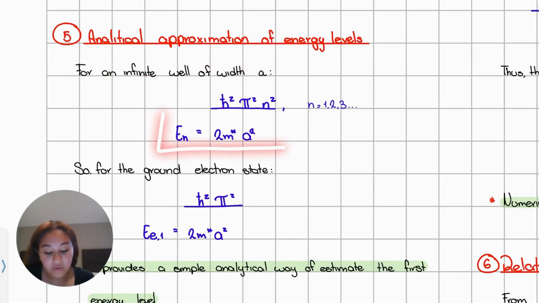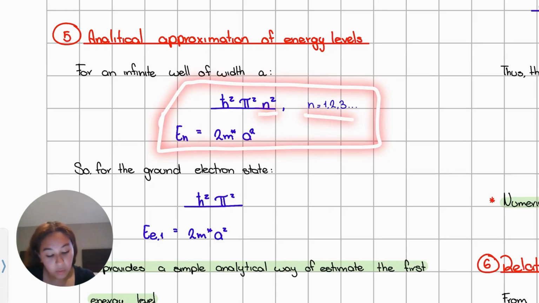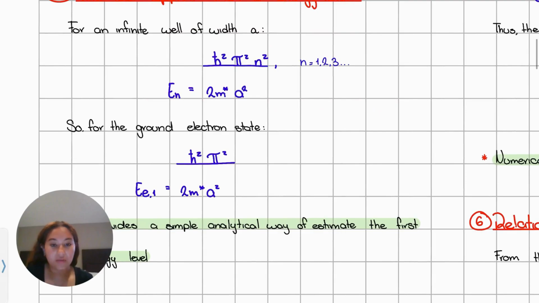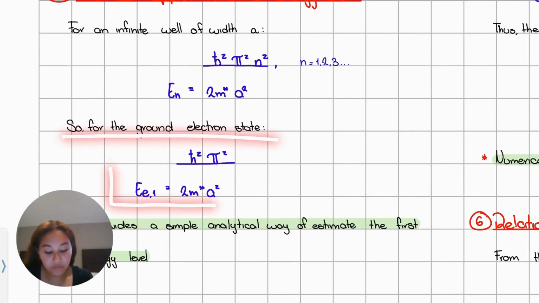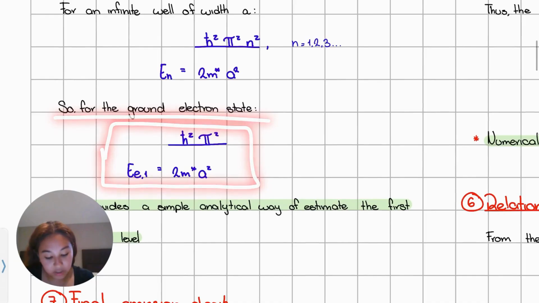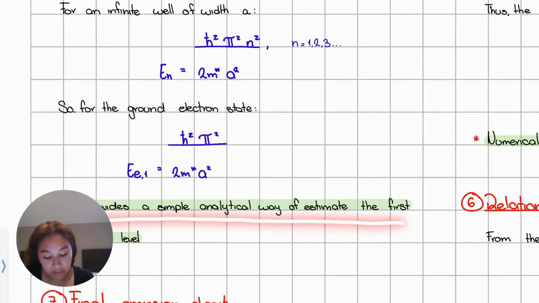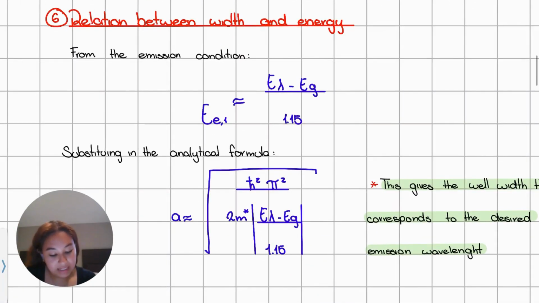Now, for an infinite well of width A, we have these equations, where n can have the value of any number that you desire. For the ground electron state, we're going to be using this equation, and this provides a simple analytical way of estimating the first energy level.